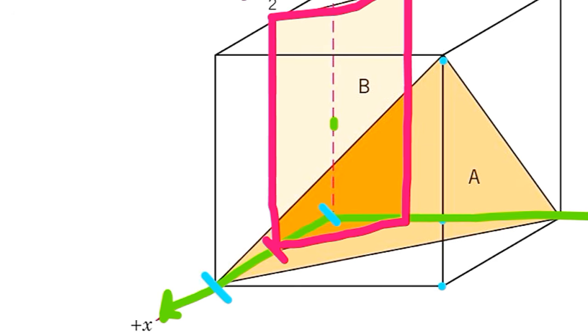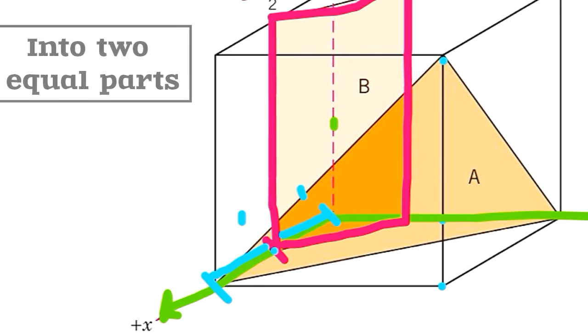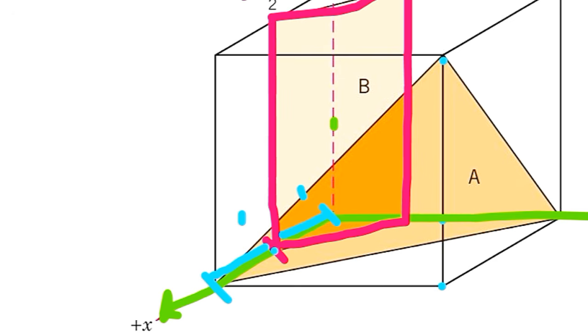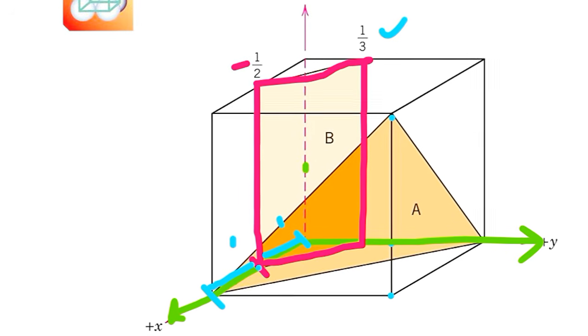This length would be 1, and you can see that the point where the plane is cutting the axis line, before and after that the lengths are equal. Both of these lengths are equal, which means that this point is dividing this whole length into half. So when we have two equal parts before and after the cutting point, it means the point is half. And we'll see when it would be 1/3, and as here we have, we'll have that example as well.